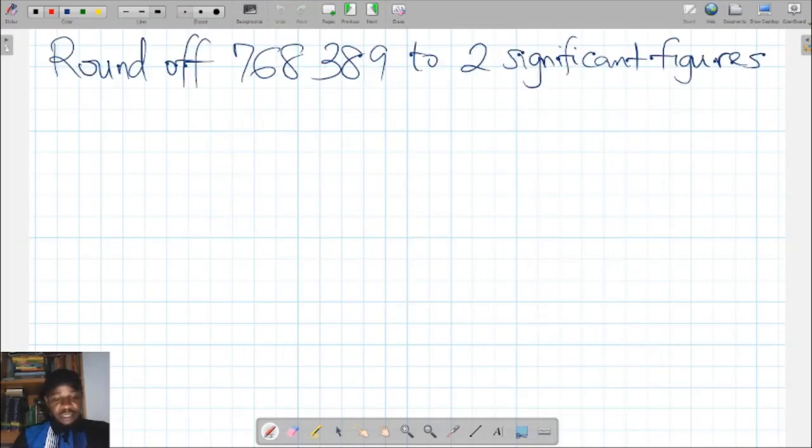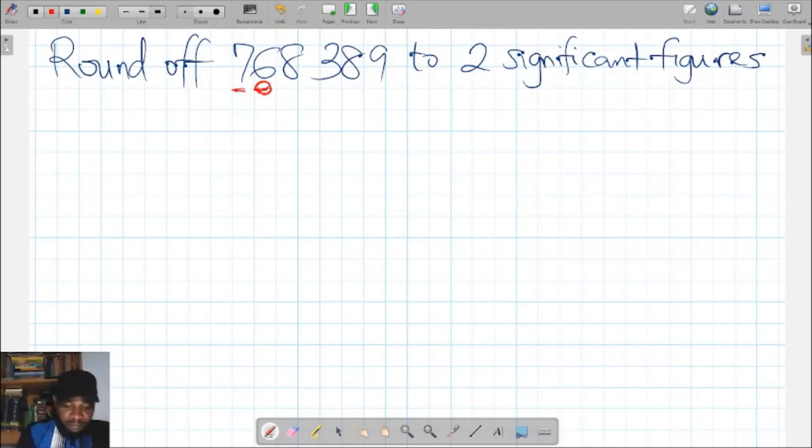Let's now look. This question says, round off 768,389 to 2 significant figures. In this case, we will pick the 2 most significant digits, and these are 7 and 6. What that means is that we're actually rounding off to this place value, the place value of 6, which is 10,000. So, the general rules of approximation now apply.